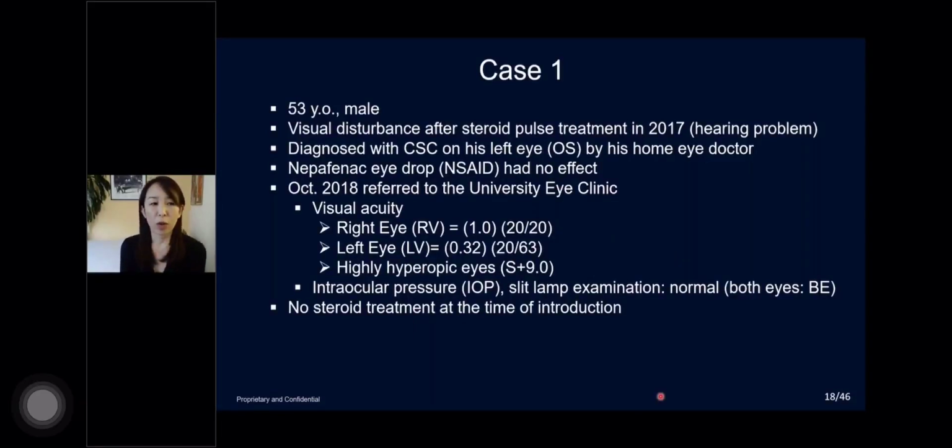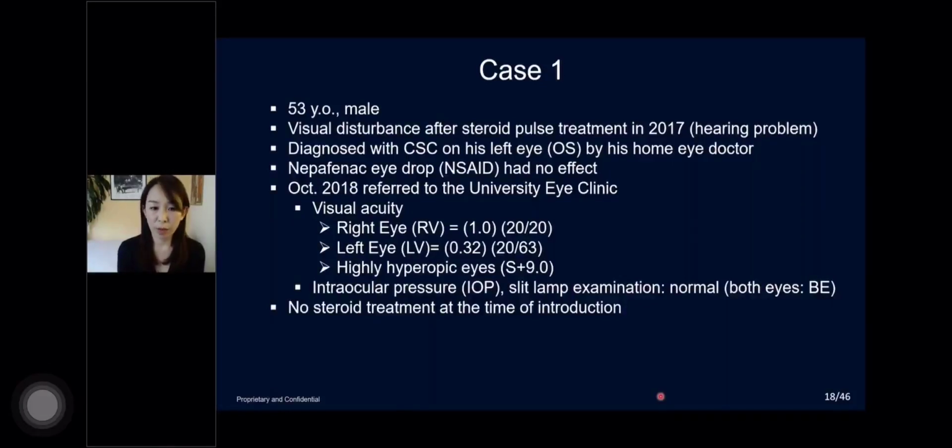This patient noticed visual disturbance after steroid pulse treatment for a hearing problem. As I said before, steroid can also trigger CSC. This is one of the known risk factors. By his home eye doctor, he was diagnosed with CSC in his left eye.